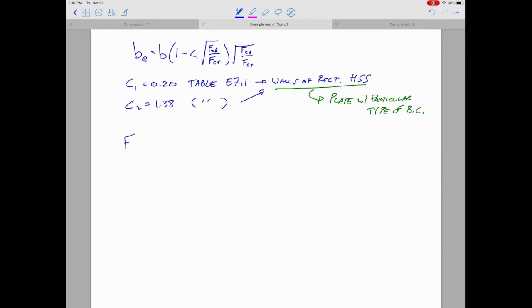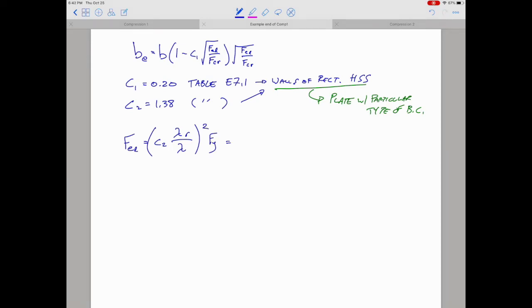You'll see that we need to calculate F elastic. So F elastic is given by C2 times lambda R over lambda, squared, times Fy.